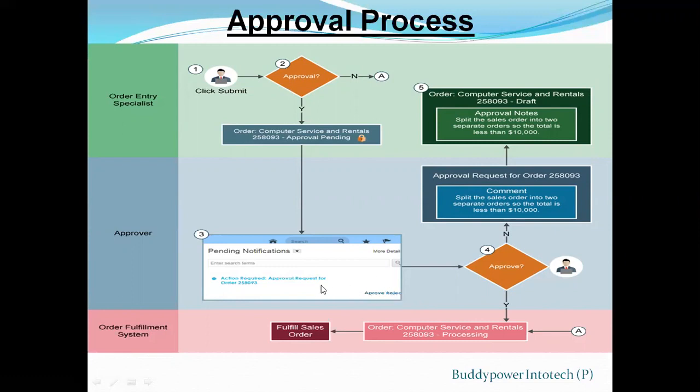If everything is okay, he'll approve it, or if it is not okay for some reason, he will reject it and put a description there saying what is not okay. Then it goes back to the employee's homepage, on the dashboard, where it pops up. So this is the approval process which happens.